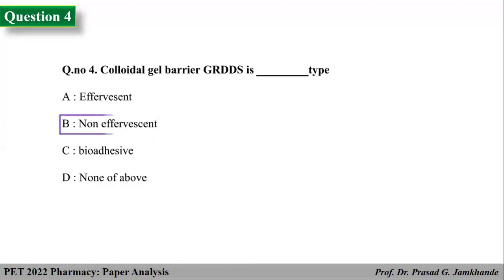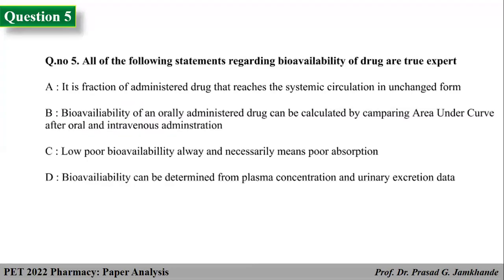But in case of the non-effervescent, there are no such gases or volatile liquids causing the floating. So this particular GRDDS is the non-effervescent type. In case of the bioadhesive, there is just a binding. So the correct answer is the B option.